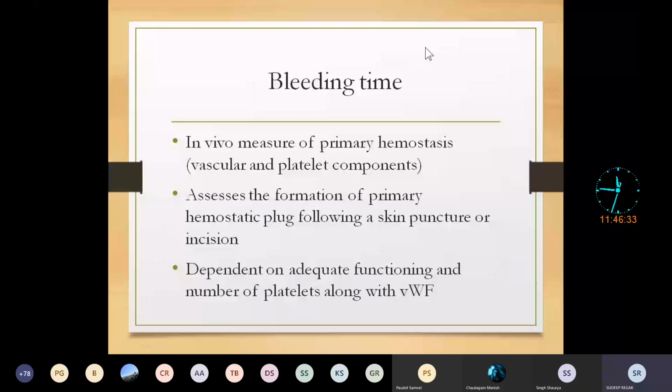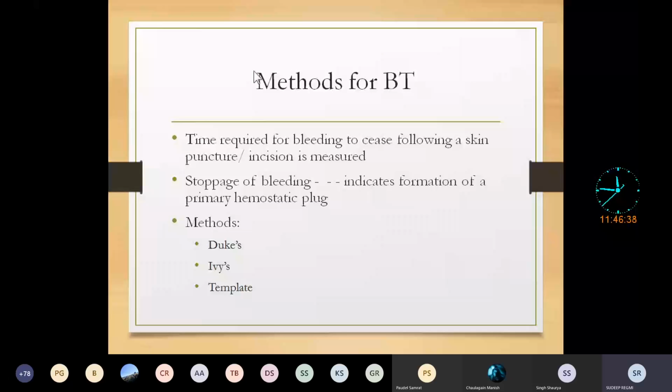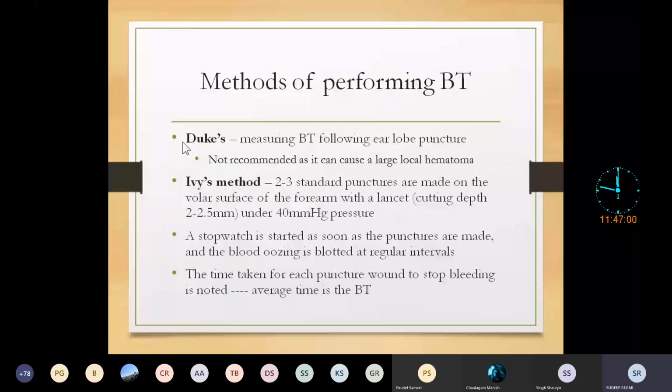Methods for BT: the time required for bleeding to cease following a skin puncture or incision is measured. The stoppage of bleeding indicates the formation of a primary hemostatic plug. It is done by finger prick method, Duke's method, Ivy's method, or template method. Duke's method is not recommended, but some institutes still do it.